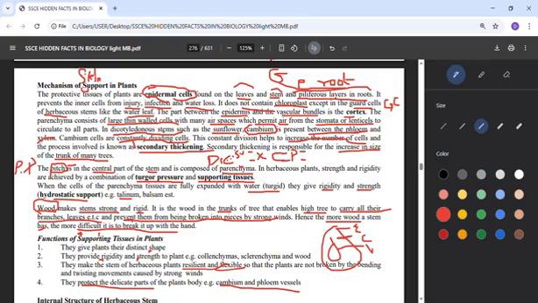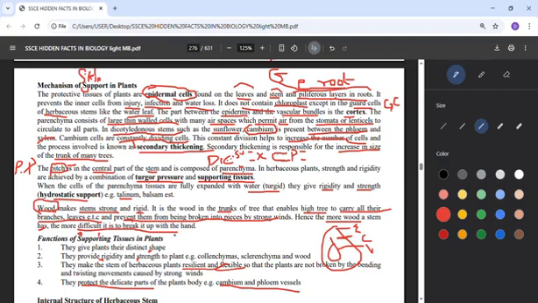Now in dicots, dicotyledonous stems like sunflower, the cambium is present between the phloem and the xylem. How will you remember? Just say XCP, as if you are spelling escape. It means the cambium is between the xylem and the phloem. Cambium cells are constantly dividing cells, and they increase the number of cells, and that process is called secondary thickening.